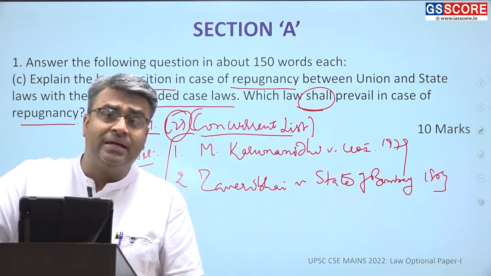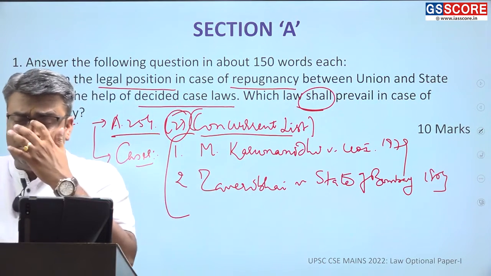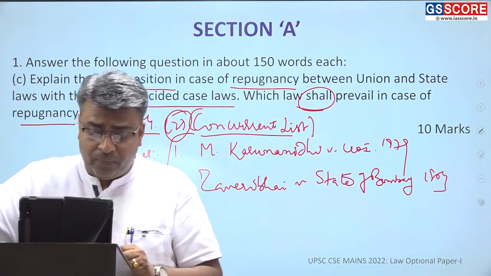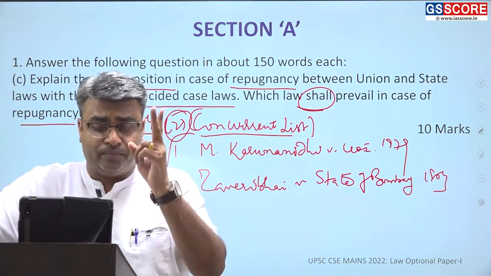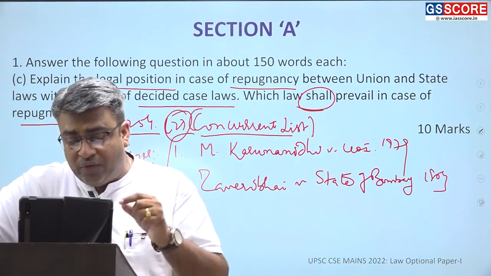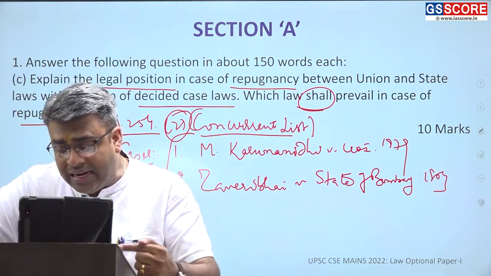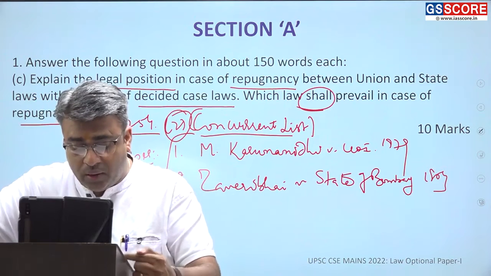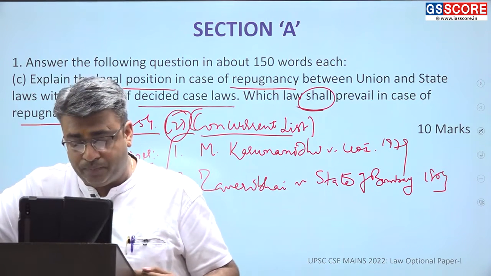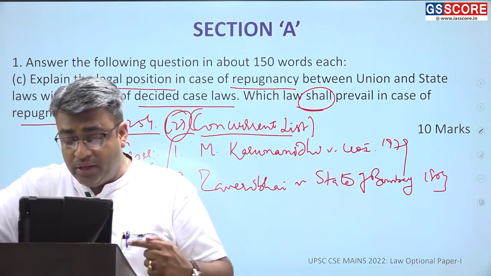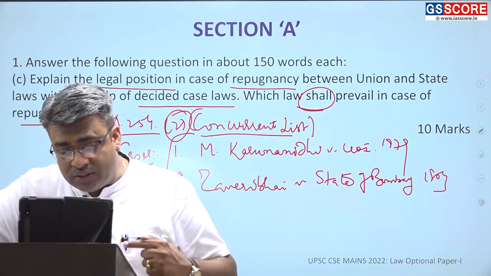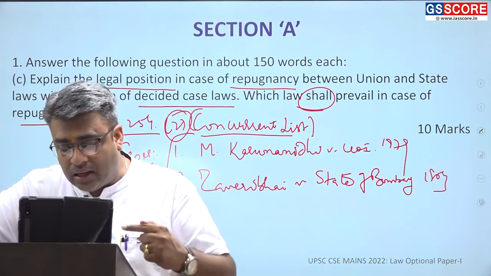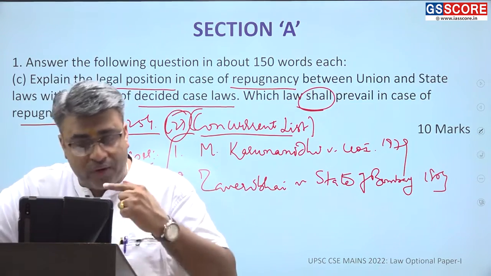The question of repugnancy between parliamentary legislation and the state legislature arises in two ways. First, where the legislations are enacted with respect to matters allotted in their fields, but they overlap and conflict. Second, where the two legislations are with respect to matters in the concurrent list and there is a conflict.